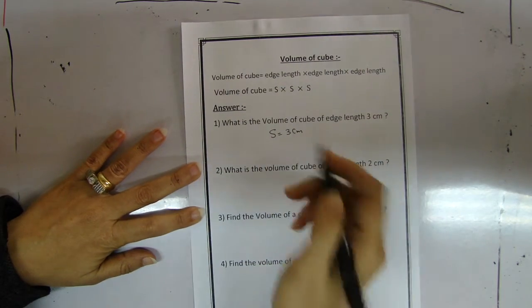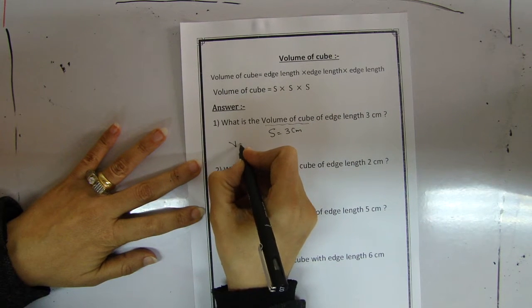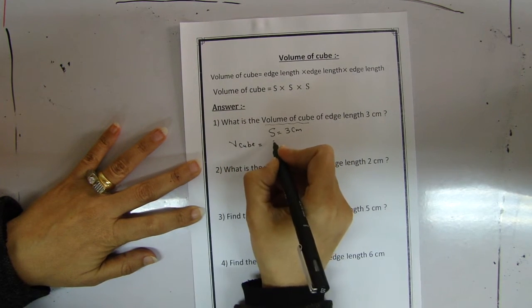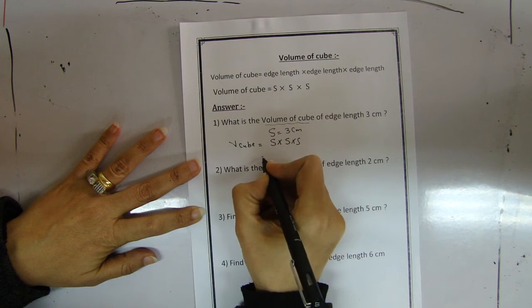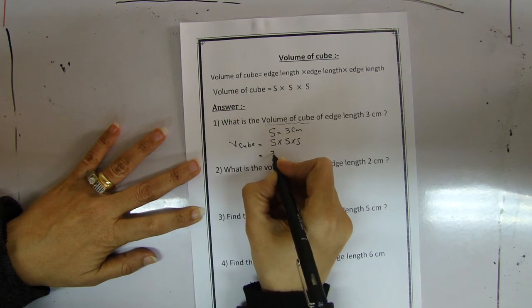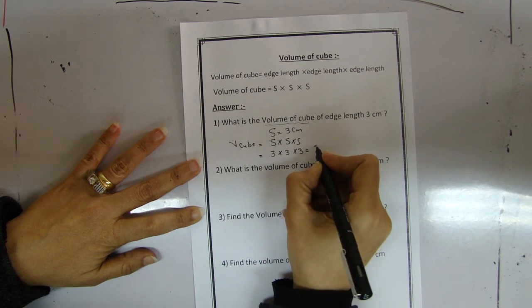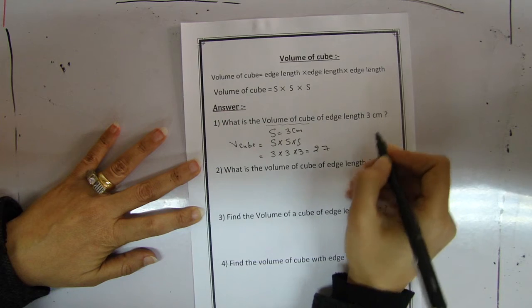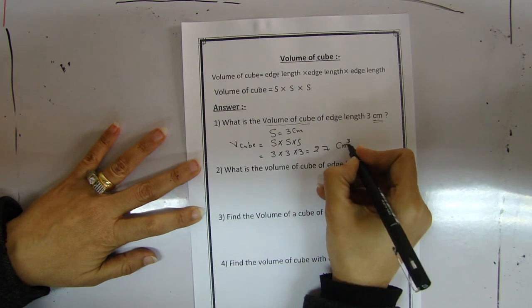Volume of cube equals side times side times side, then equals 3 times 3 times 3 equals 27 cubic centimeter.